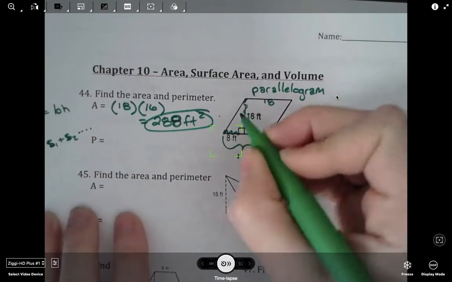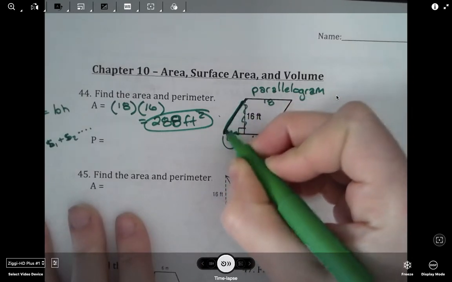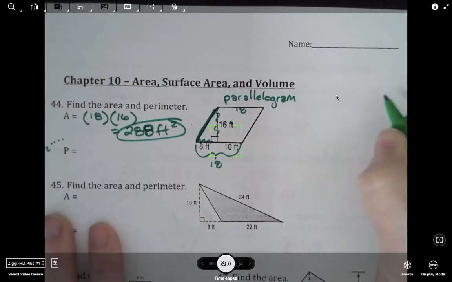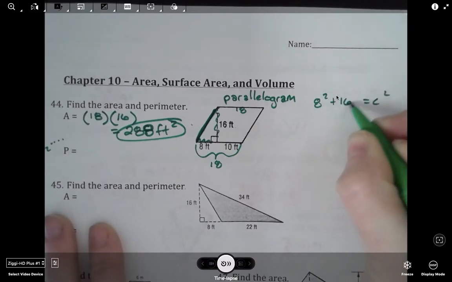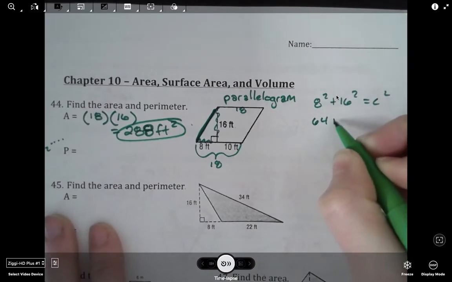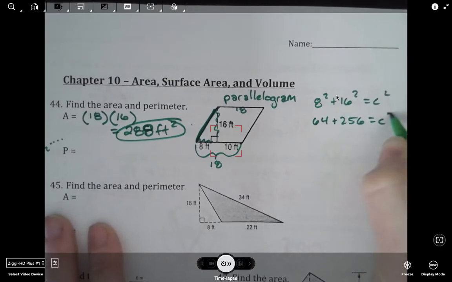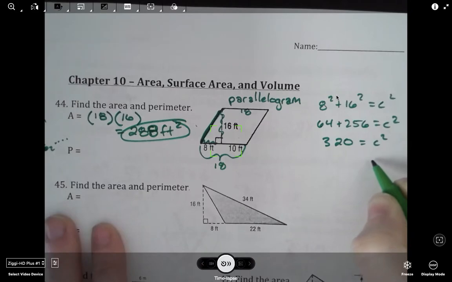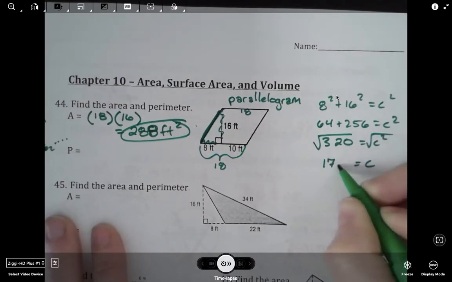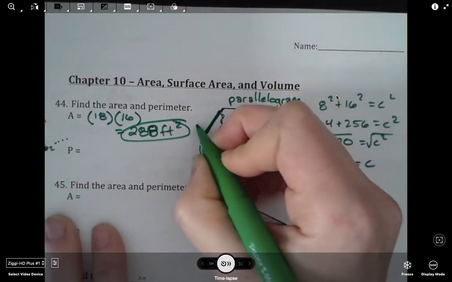Which side are we trying to find in our Pythagorean theorem? C. So 8 squared plus 16 squared, 64 plus 256, 320. 320 equals C squared. And go ahead and give it to me as a decimal. 17.9.